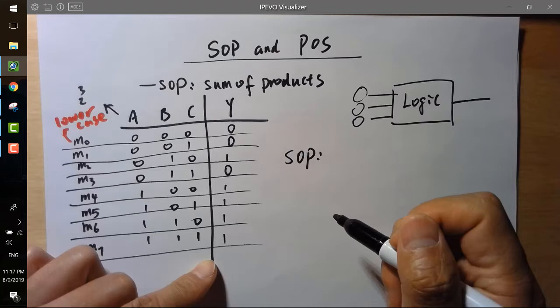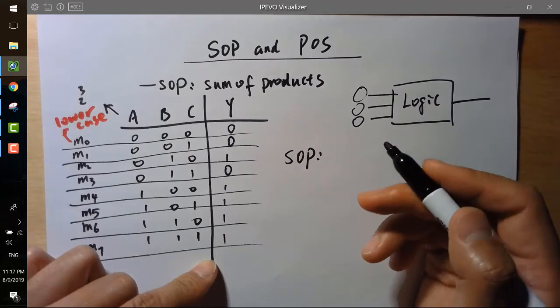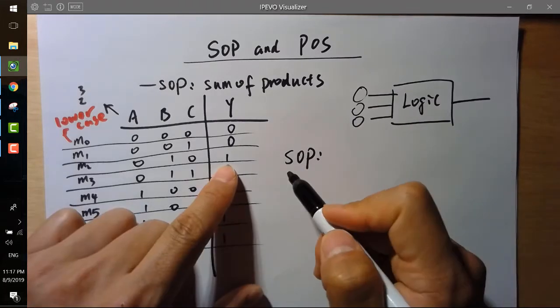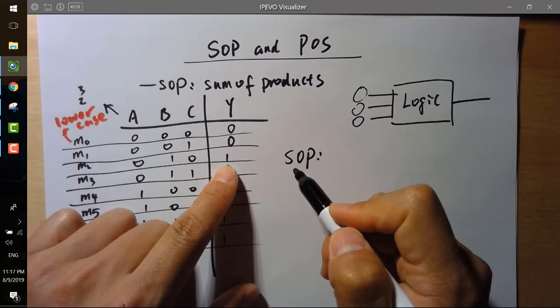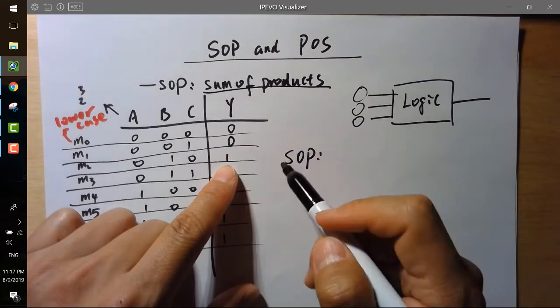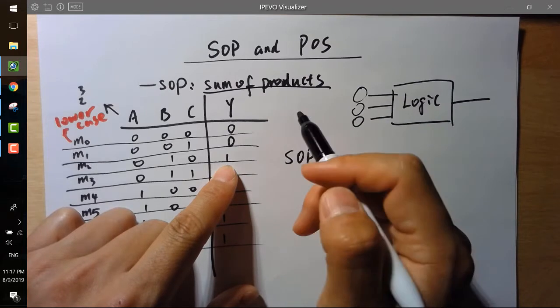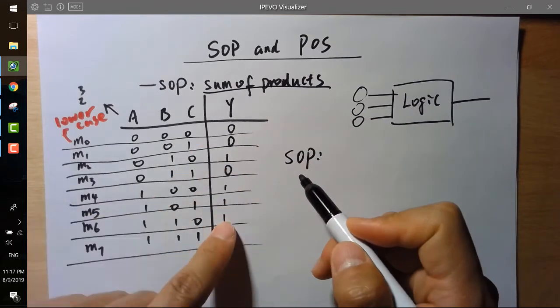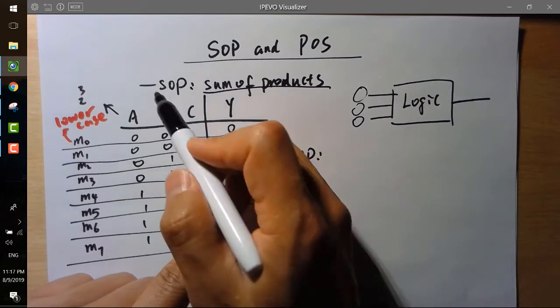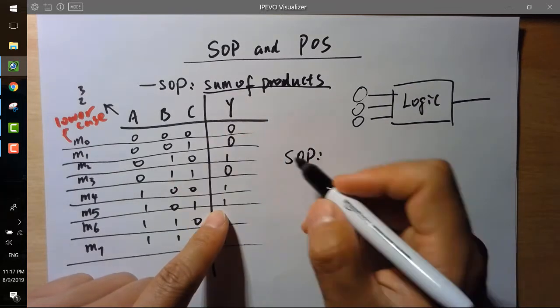That's the purpose. You cannot change that. That's the bottom line. For the SOP expression, we use terms of products, and we sum them together to get the final result. That's why we call it an SOP form, right?